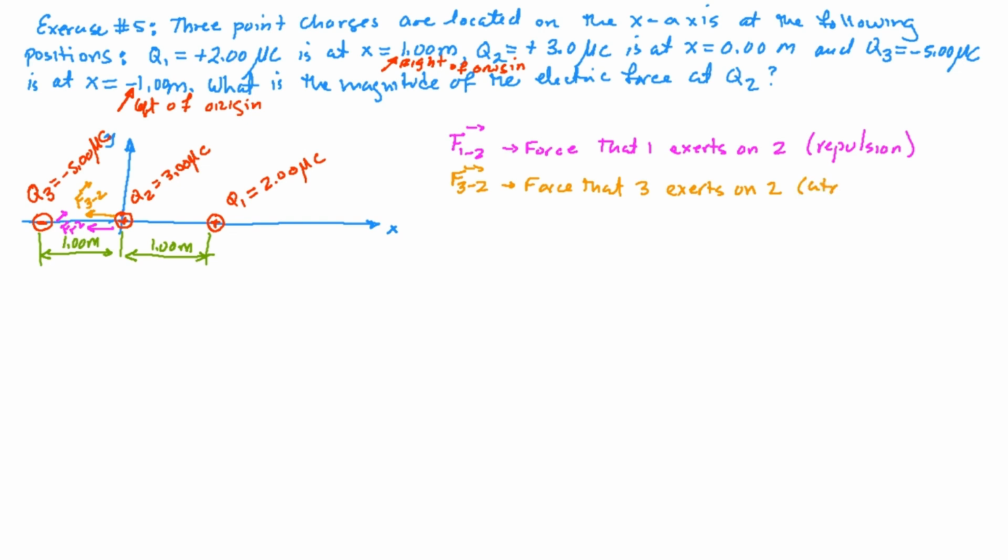So at the end, when you analyze the forces on Q2, you have the force that 1 exerts on 2, and you also have in that same direction the force that 3 exerts on 2. So the resultant force will be the addition of these two forces, right? But now we need to calculate those forces.